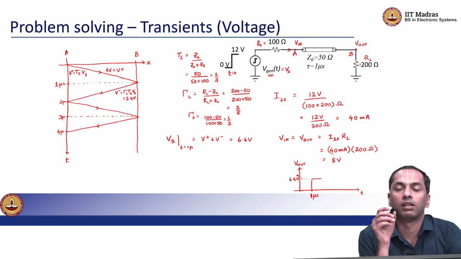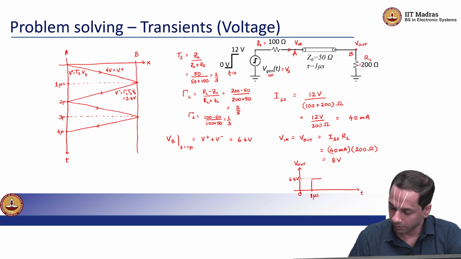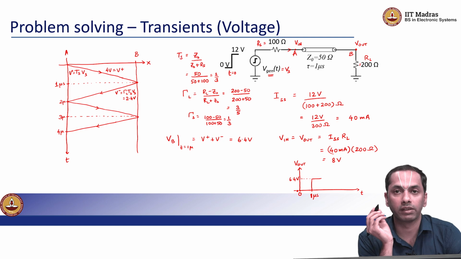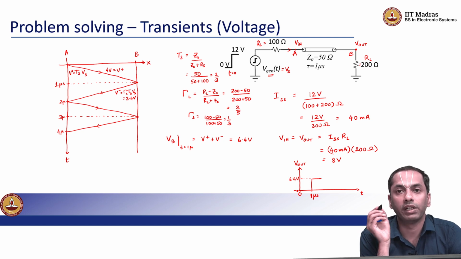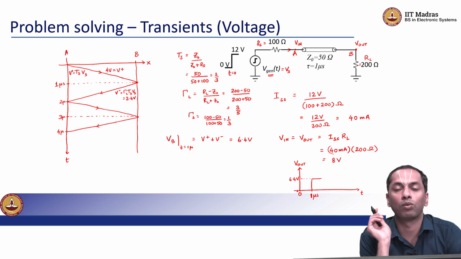Okay. So, V out was 0 volts. Even though at t equals 0 I turned on the generator, V out will continue to remain at 0 volts till about 1 microsecond, which is the speed of light delay through the transmission line. And when the 4 volt V plus arrives at B, there is a reflection because the characteristic impedance is not the same as the load impedance.